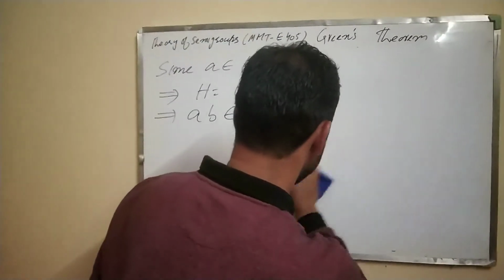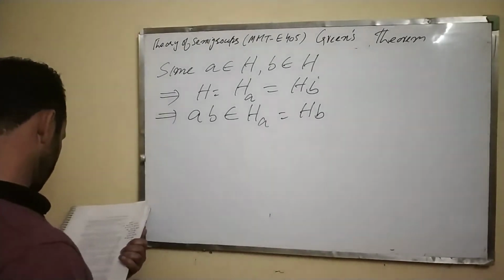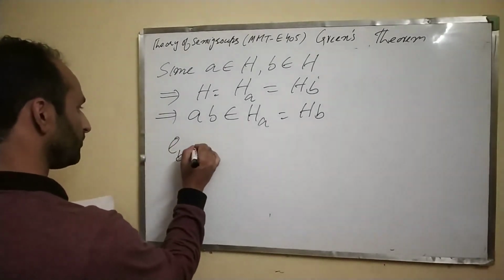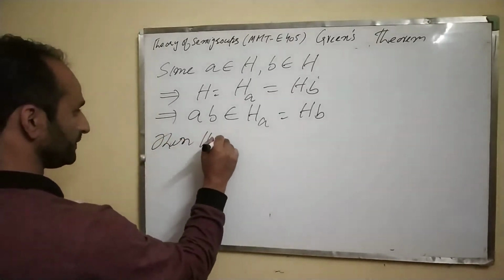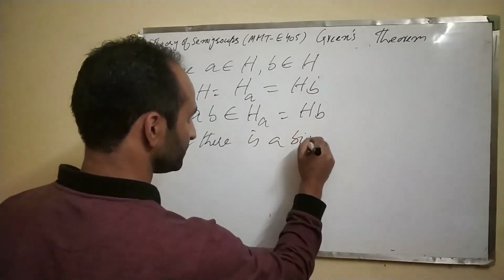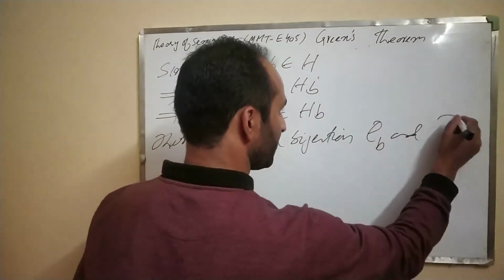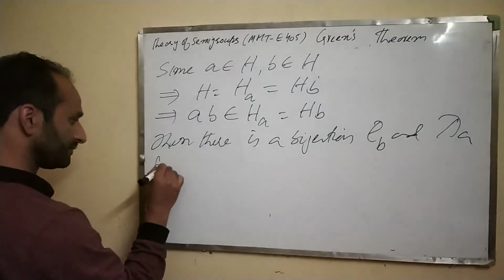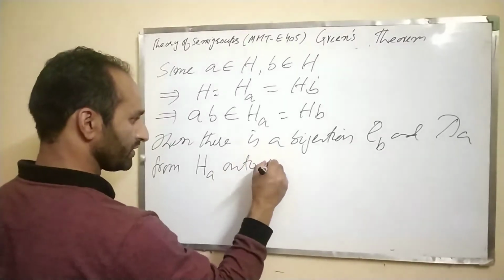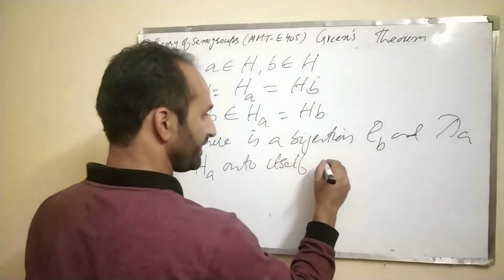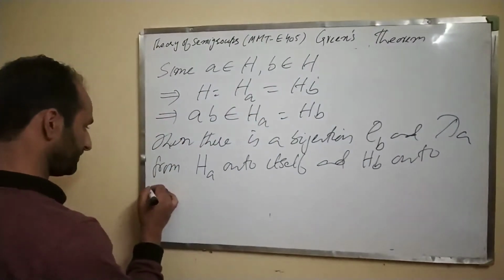Which states that there is a bijection rho B and lambda A, where rho B is from HA onto itself, and lambda A is from HB onto itself.